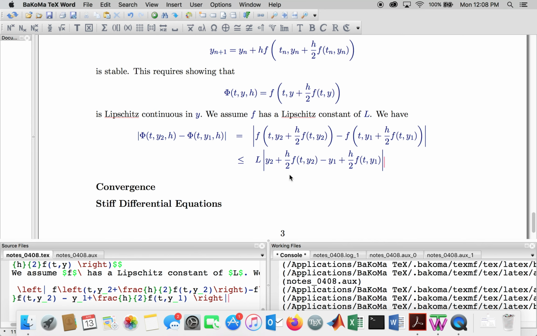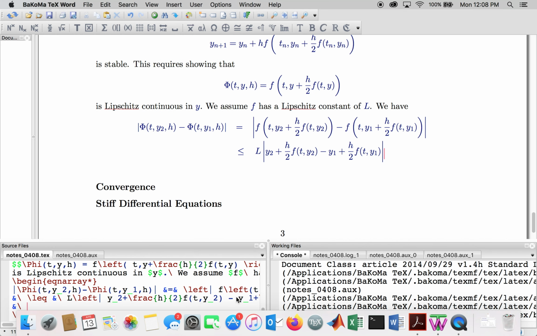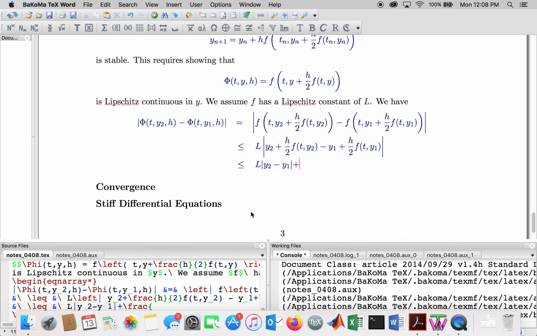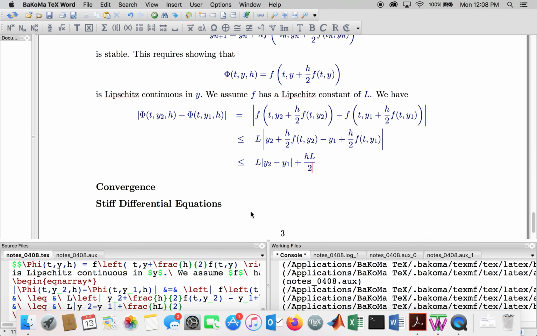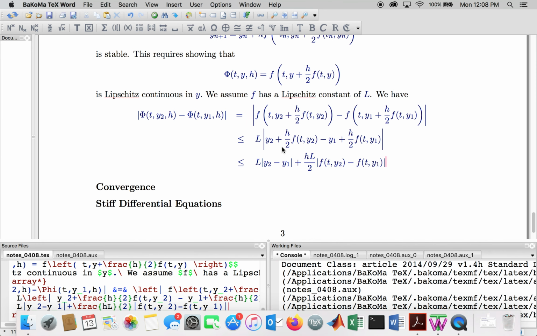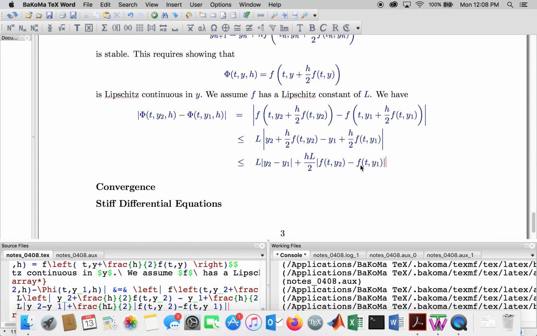Okay. Now what I can do is a little algebra real quick. So I have L times y2 minus y1. That's the part that's just due to f itself, plus hL over 2 times f of t, y2 minus f of t, y1, but that is also bounded by L times y2 minus y1.